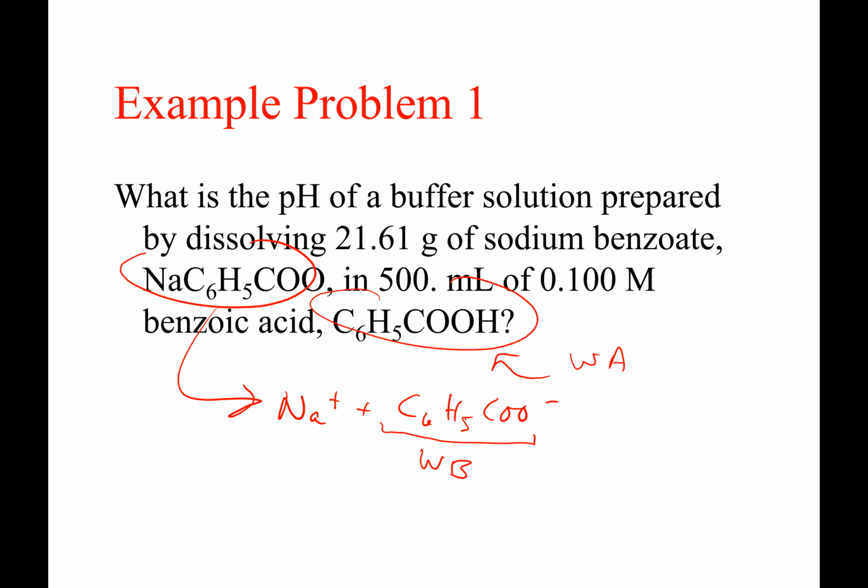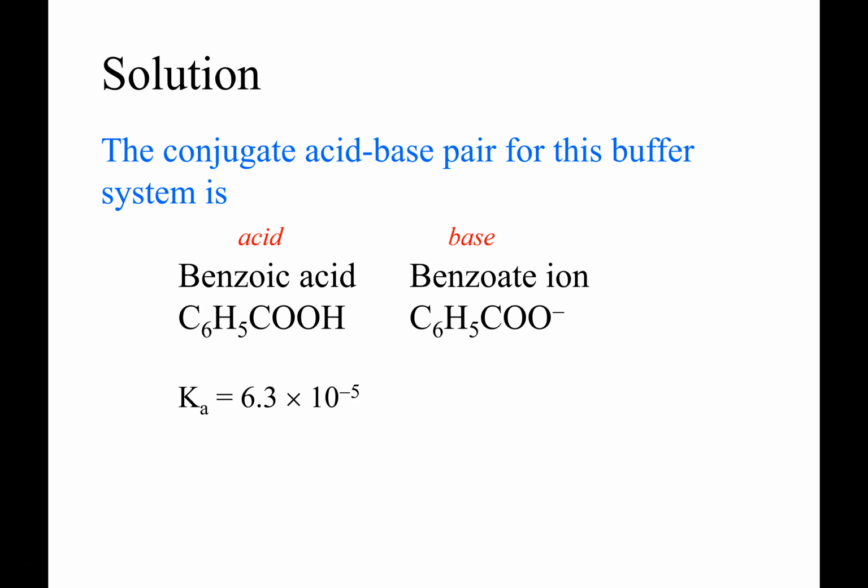We can either go with relative moles or molarity, and I think we're going to go with relative moles. Moles is going to be easier than molarity here. So all we got to get is moles of those two things. This is just kind of an extra; for this problem we really don't need to do this, but I'm doing it anyway.